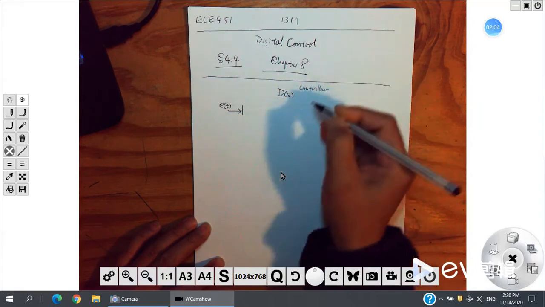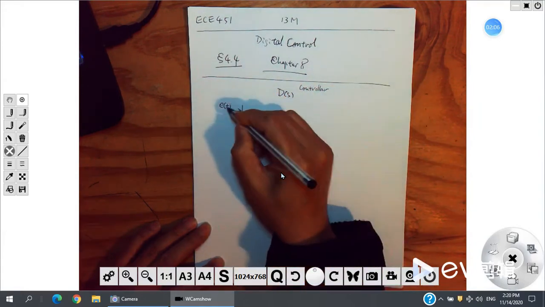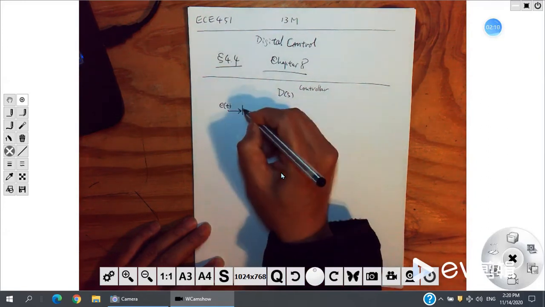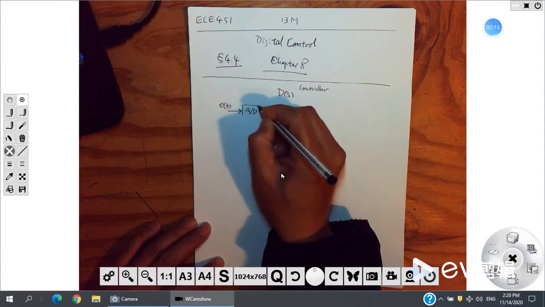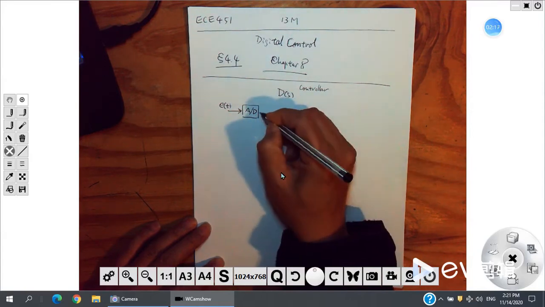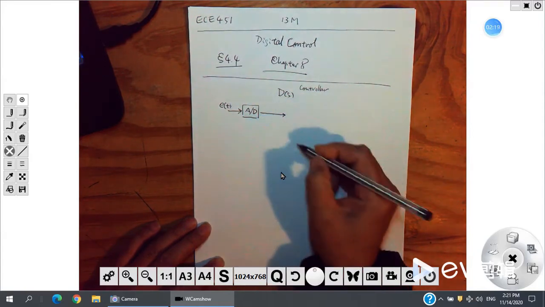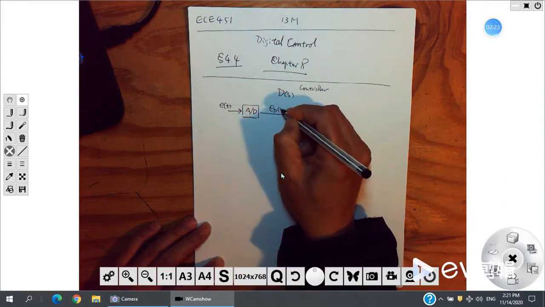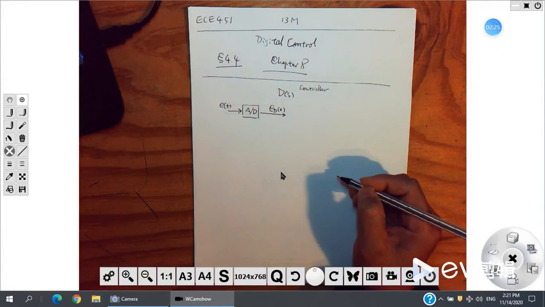Suppose you have E of T go into this D. Then we add an analog to digital converter. After this we will have, I denote as, E D of N. So this is a digital signal, a discrete time signal.